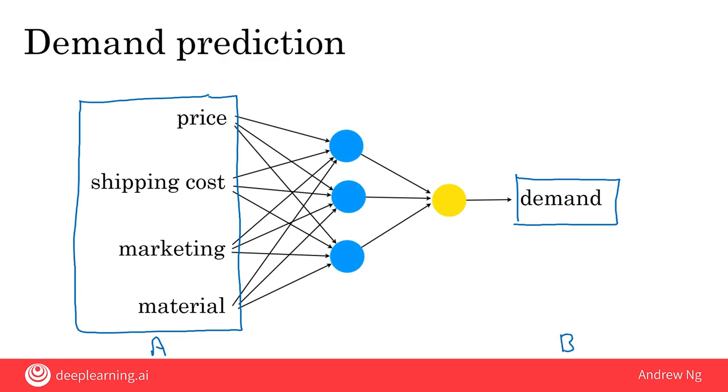And it's the software's job to figure out what these blue neurons should be computing so that it can completely automatically learn the most accurate possible function mapping from the input A to the output B. And it turns out that if you give this enough data and train a neural network that is big enough, this can do an incredibly good job mapping from inputs A to outputs B.